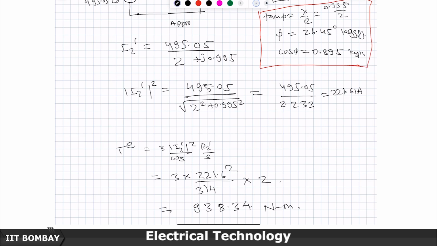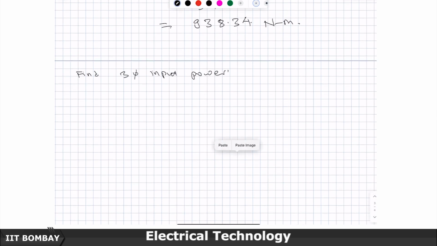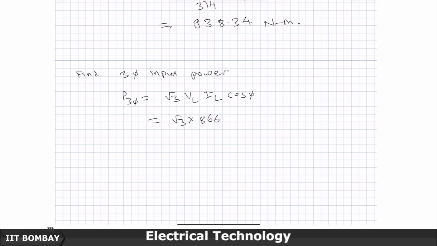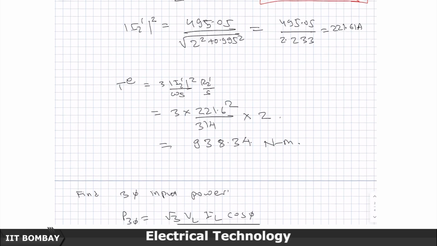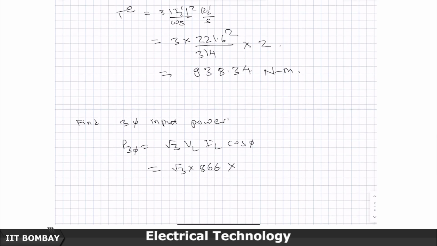So, if you ask me to find the input power, the 3-phase input power will be √3 VL IL cos phi, and so √3 VL is how much? 866 volts. Current is how much? 221.61.